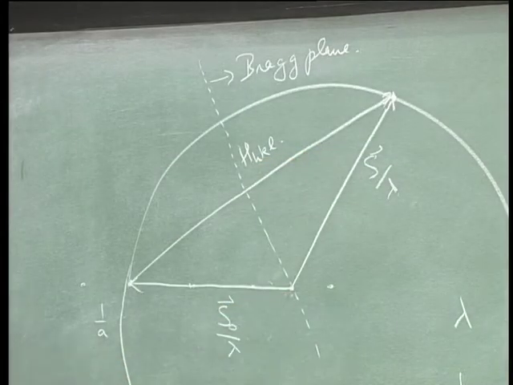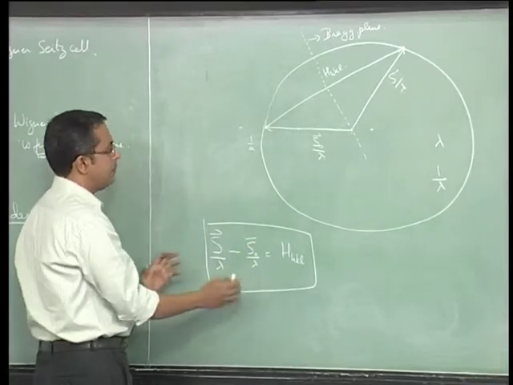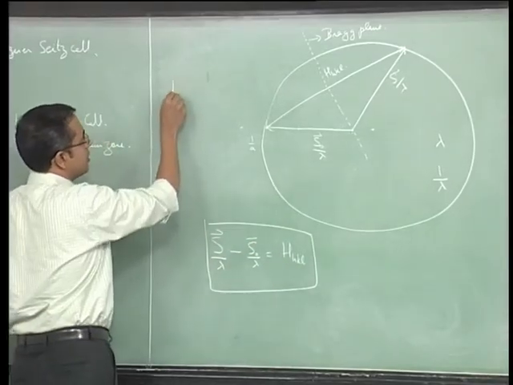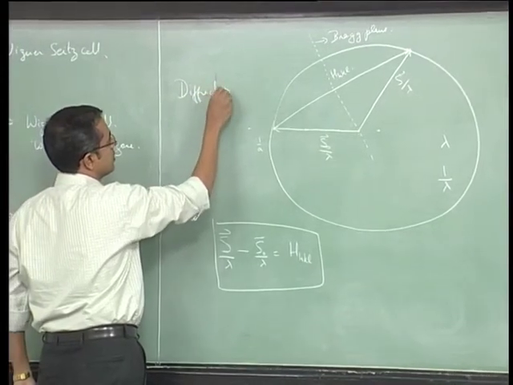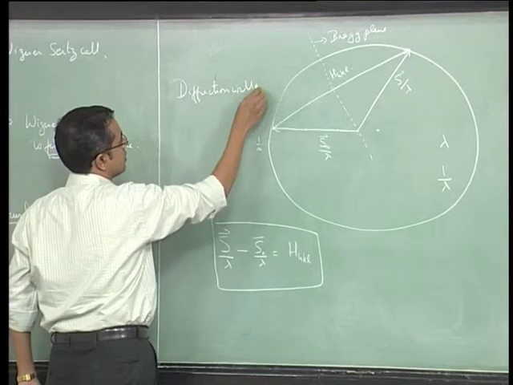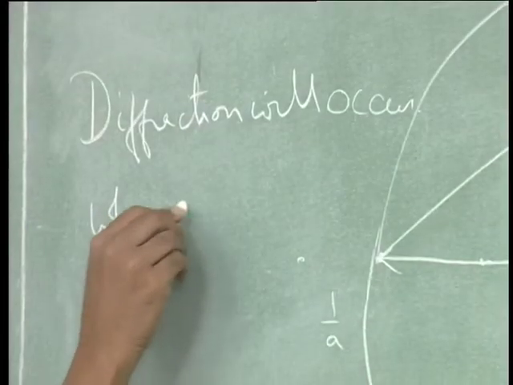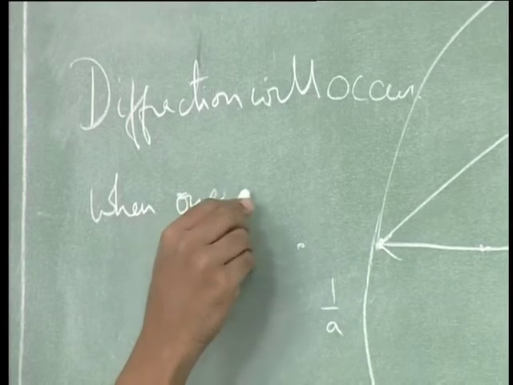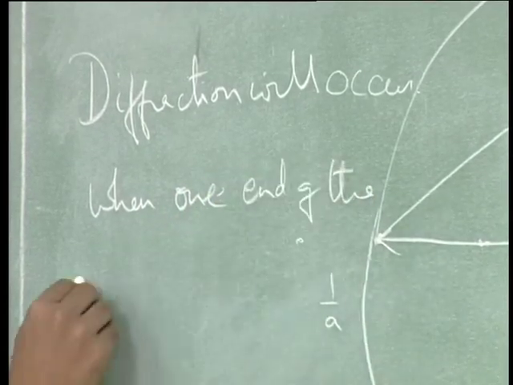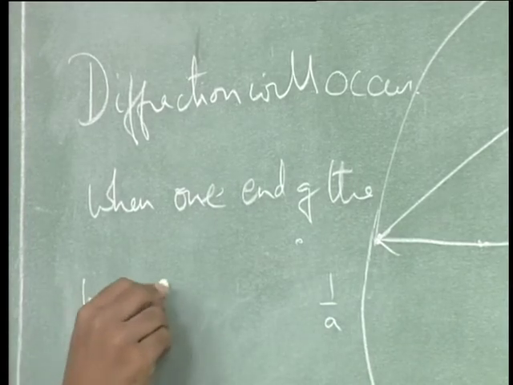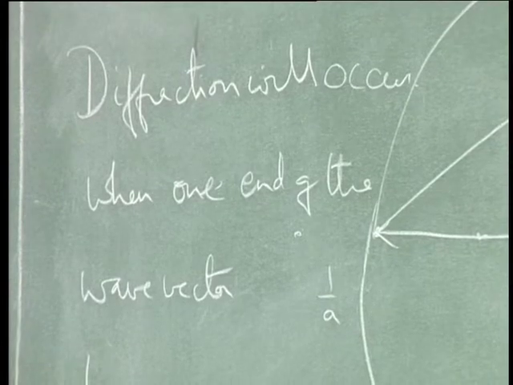So another way of saying this is simply that diffraction will occur when one end of the wave vector touches the Bragg plane.